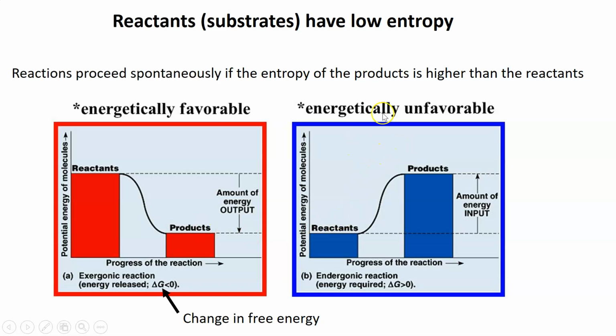Now, energetically unfavorable reactions are those where you need to put a lot of energy into the system to actually produce the product. You could think of it as the breaking down of glucose to form carbon dioxide, or the formation of glucose from carbon dioxide.